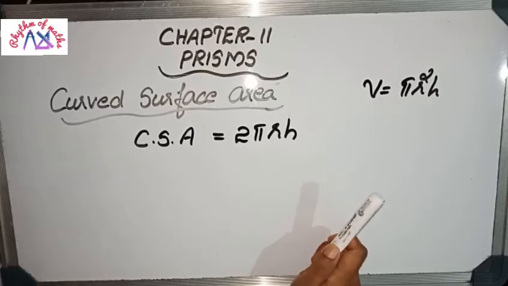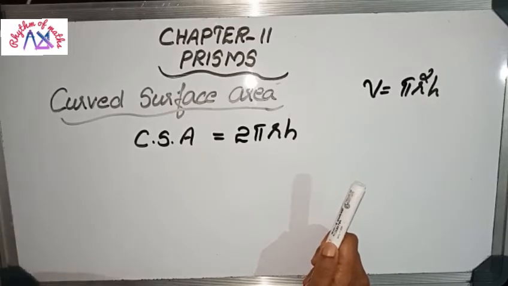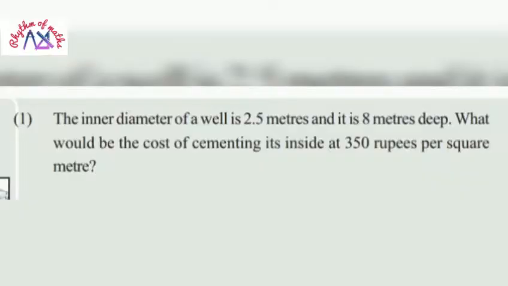Now let's move on to problems from the last activity, that is page number 178. Here is your first question. The inner diameter of a well is 2.5 meters and it is 8 meters deep. What would be the cost of cementing its inside at 350 rupees per square meter?